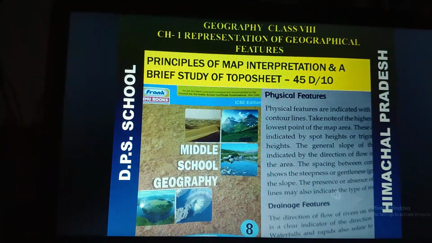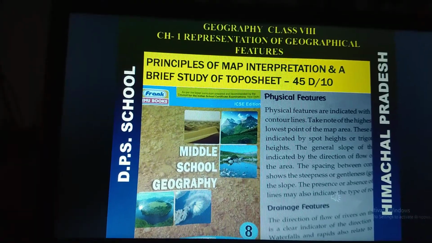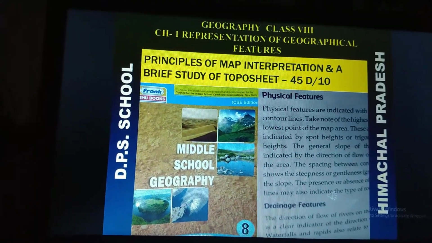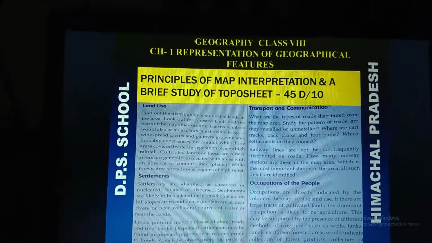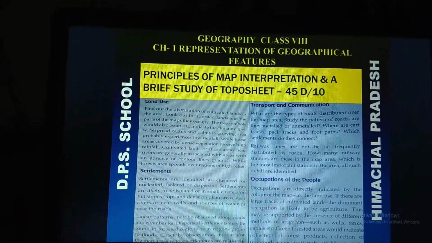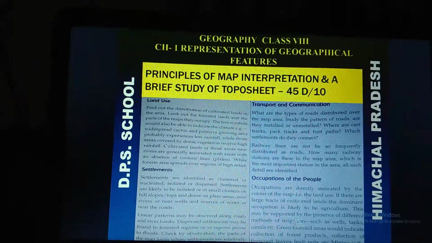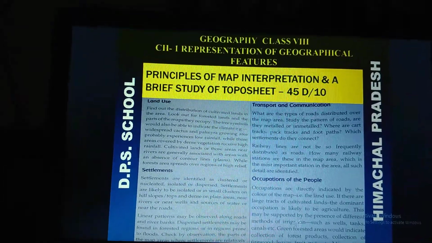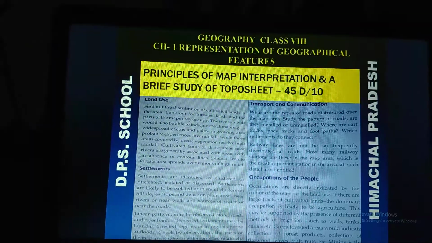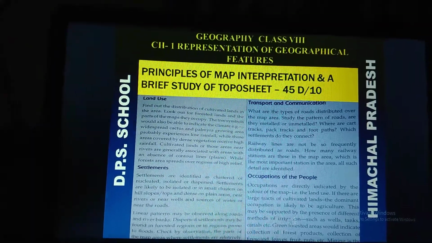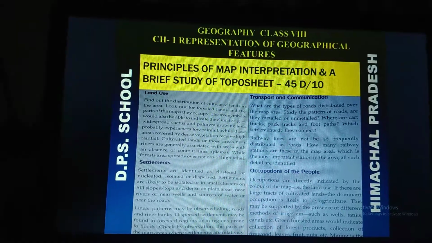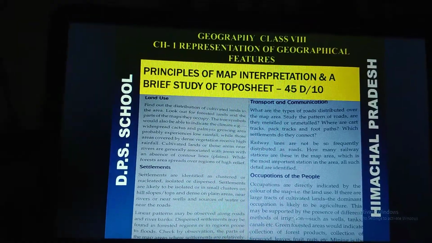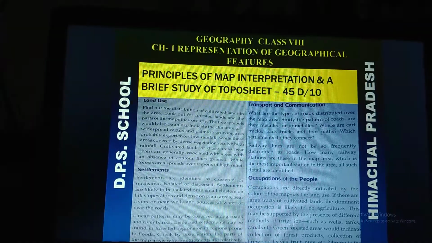Then I will explain to you the different kinds of settlements. So, I was saying about the settlements. Now, what do you mean by settlements? Settlements, as we can understand, are small little groups, either nucleated, isolated, or dispersed.